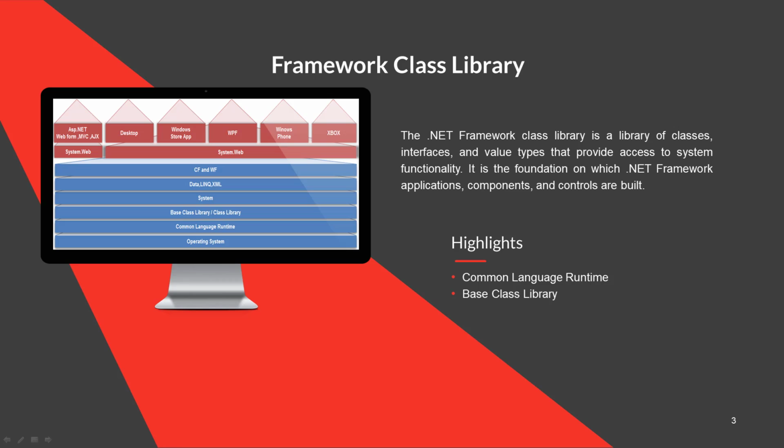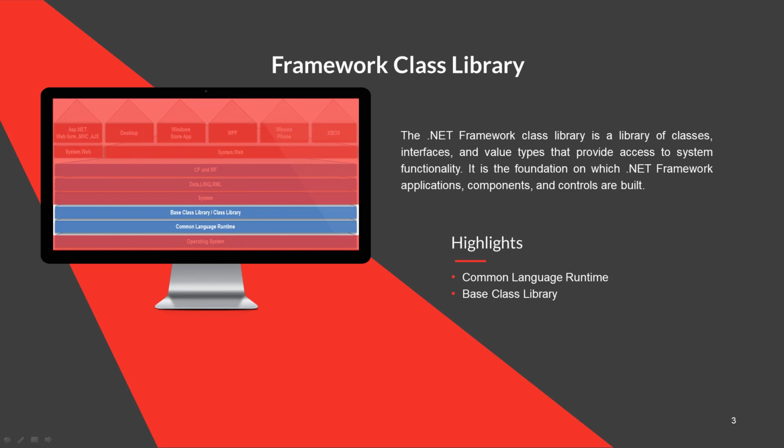As you can see, there are lots of things in the framework class library if you want to code something like Windows Phone, WPF, or develop Xbox video games, and also desktop applications. Or if you want to develop web forms such as MVC and Ajax or ASP.NET web forms, you can use the framework class library too. So in this video I will just cover base class library and common language runtime.